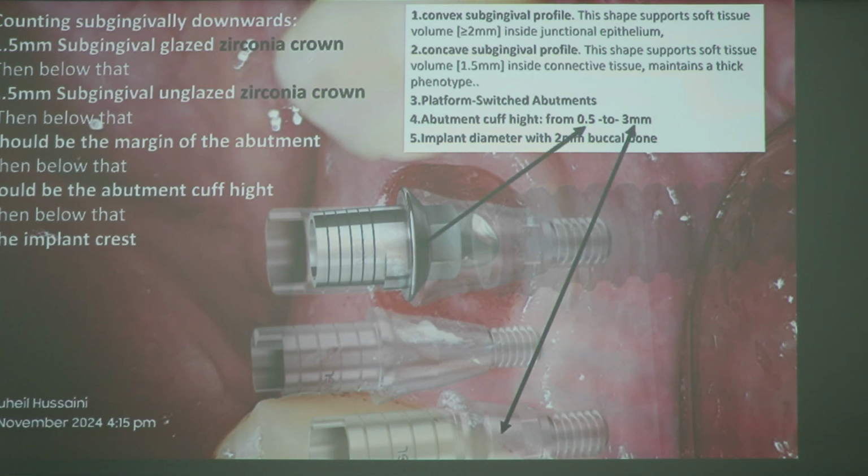So doctor, we send to the lab the cuff height and how much we want unglazed and how much glazed. We write them in our... Yeah, better, but once you send the cuff height correctly, and you tell them always 1.5 millimeter above, the 1.5 millimeter of your zirconia should be unglazed, automatically it becomes correct.